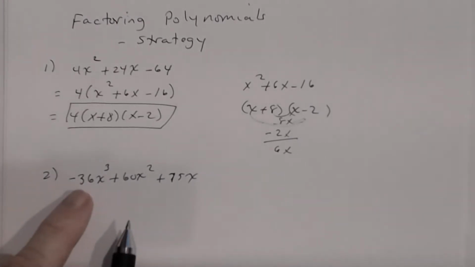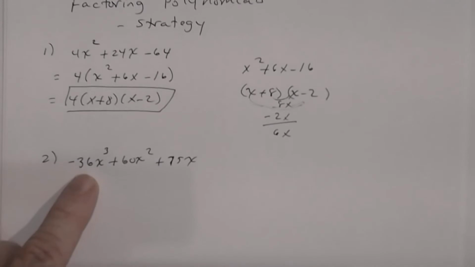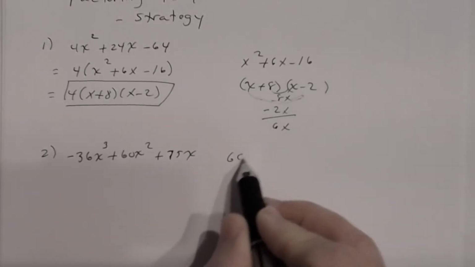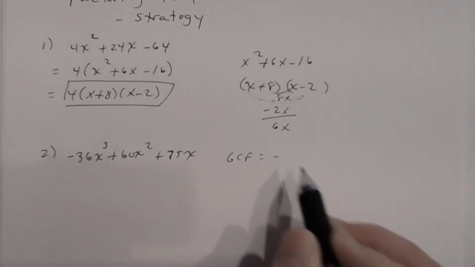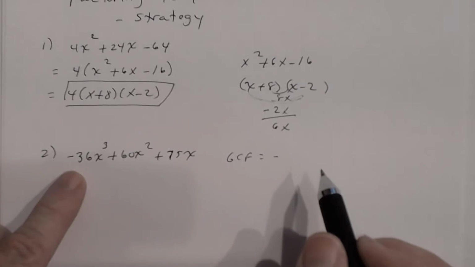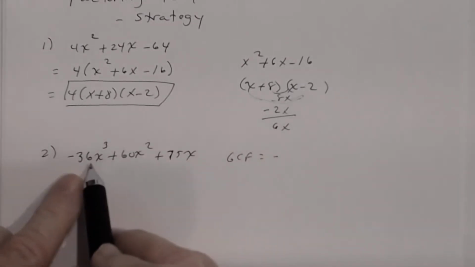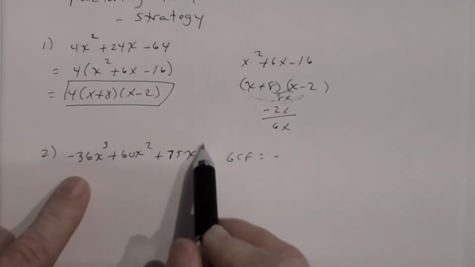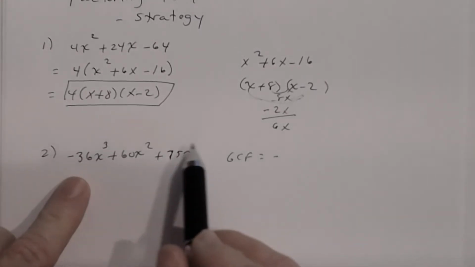But remember our discussion in the past that when that leading coefficient is negative, we tend to just go ahead and factor out a negative GCF. So in this case, if I look at this, my GCF will be a negative because my leading coefficient is negative. And I know there's an x in all of the terms, so I know I'm going to factor out an x, and you always use the one with the smallest exponent.